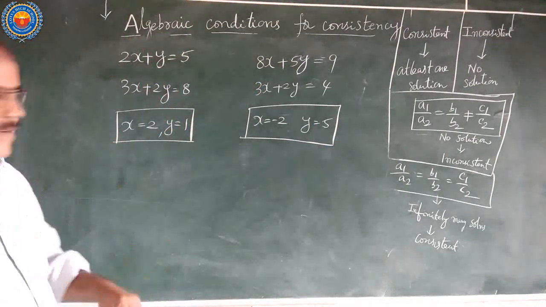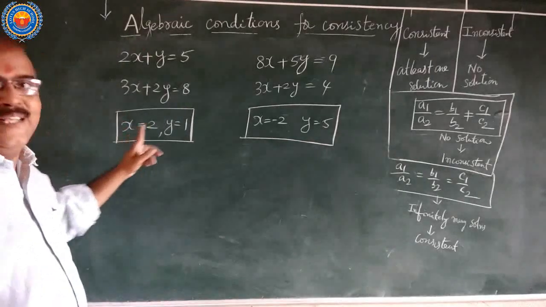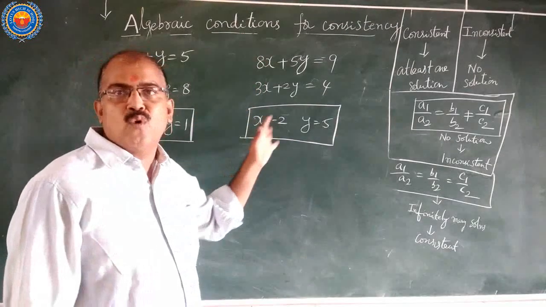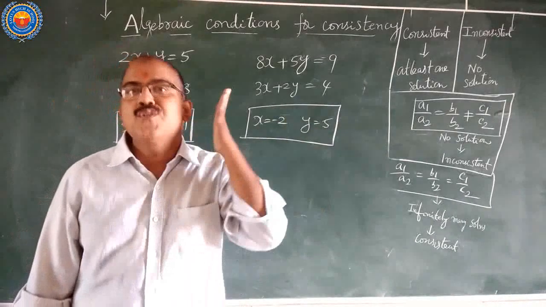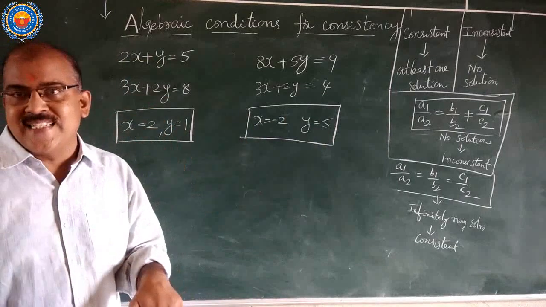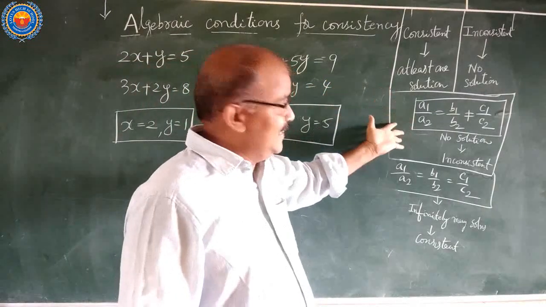If you want, you can solve. If you solve, definitely you will get x is equal to 2 and y is equal to 1, and for the other, x is equal to minus 2 and y is equal to 5. Only a unique solution, one solution for these two equations. If it is one solution, if it is no solution, this is the condition.